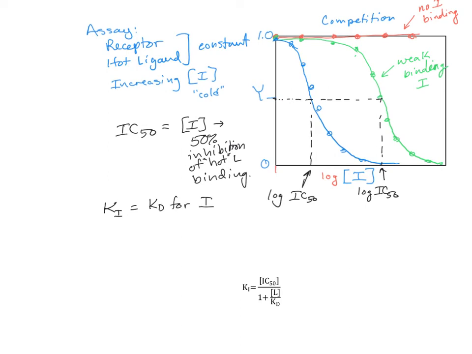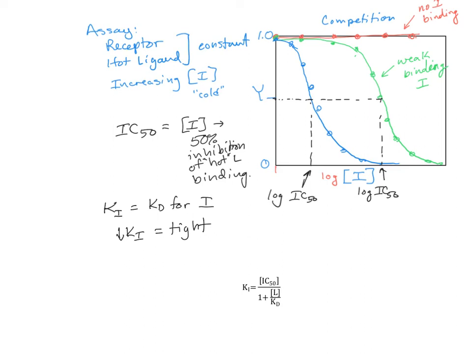In other words, it is the equilibrium dissociation affinity constant for the inhibitor, whatever inhibitor you're using as a cold ligand. This is the constant that we measure to tell how tightly that inhibitor binds. We want it to be really low, just like we said for regular KDs. Low equals tight. And for any drug you're trying to design, you want it to be really tight.